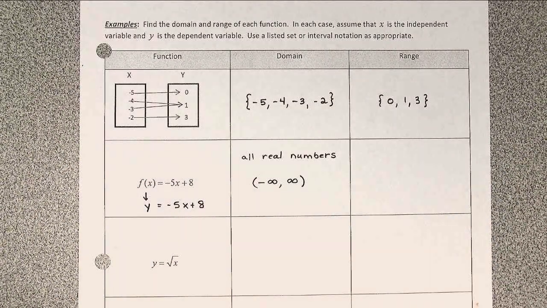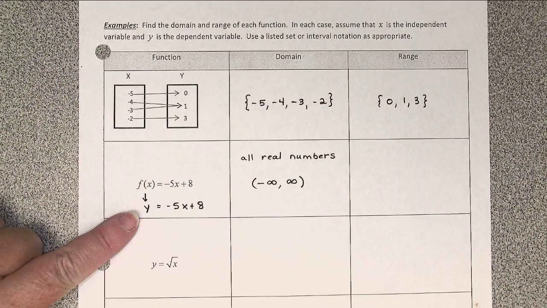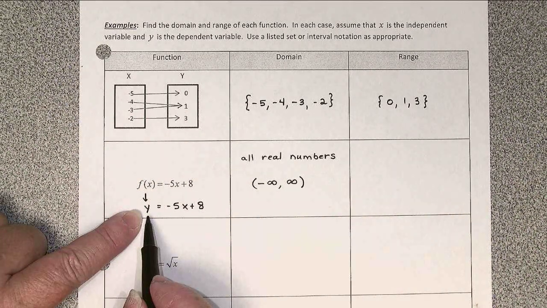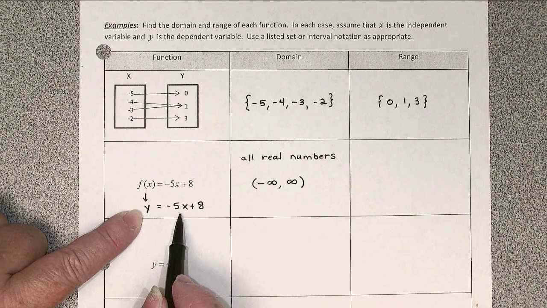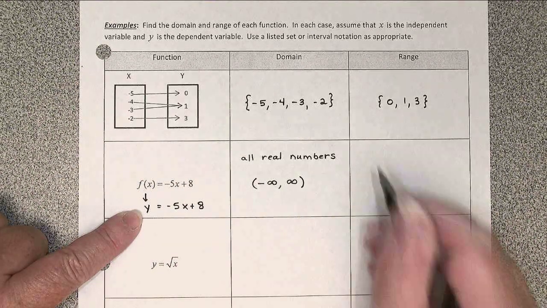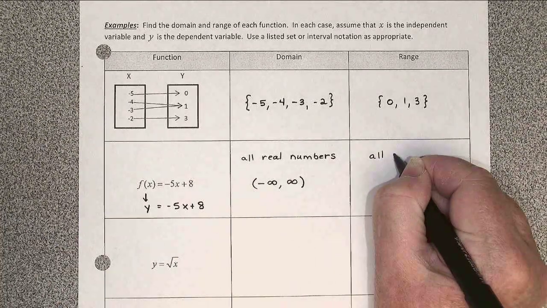And when I think range, I think about the y values. Are there any numbers that wouldn't work for y? I can't think of anything. No matter what number I put here, I could always solve for x just by subtracting the 8 and then dividing by the -5, and I'd get an answer every single time. So I think the range is also all real numbers.